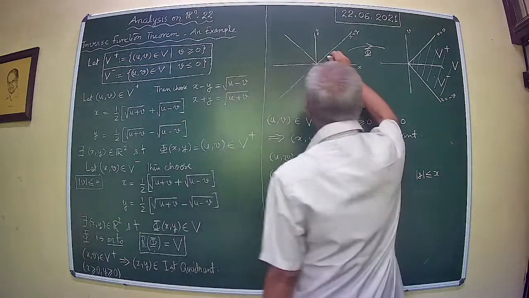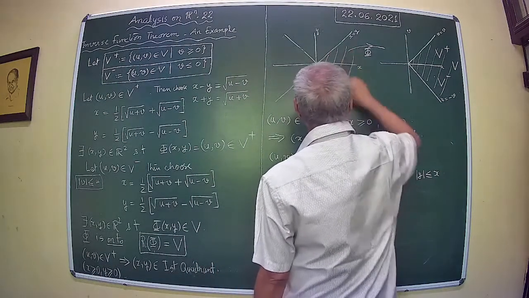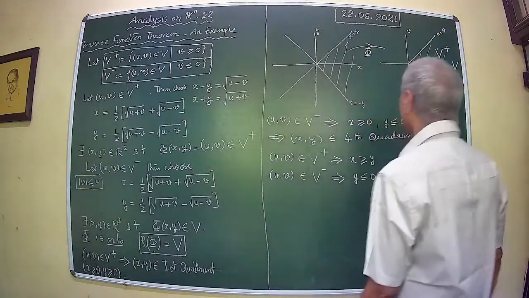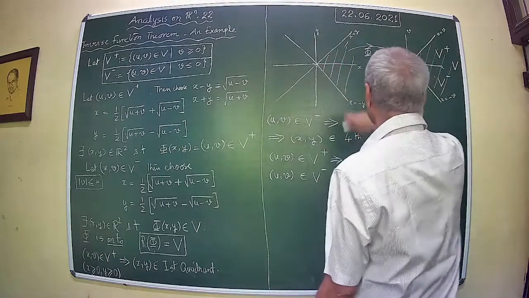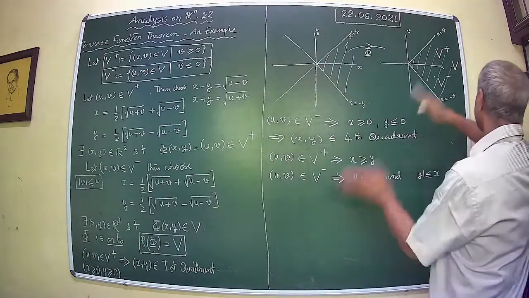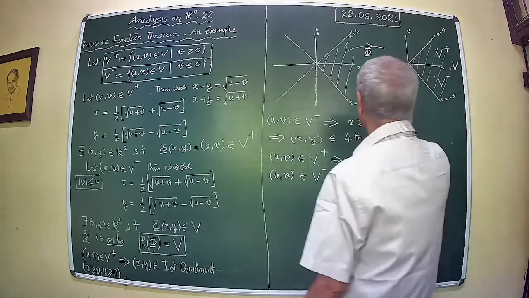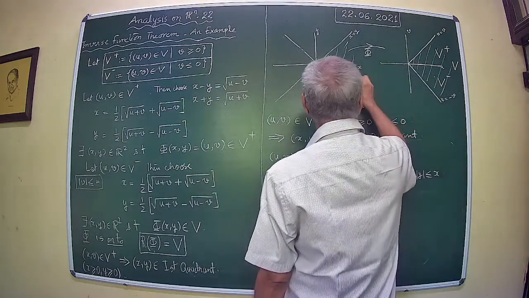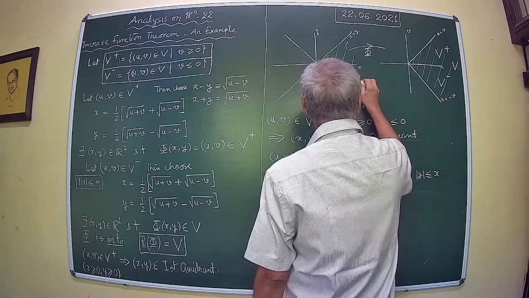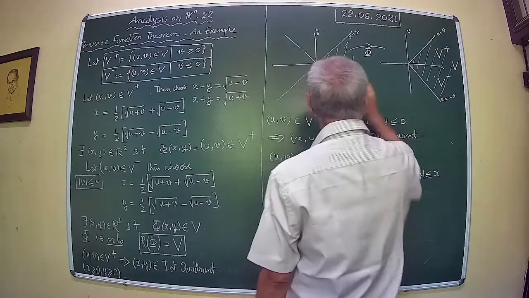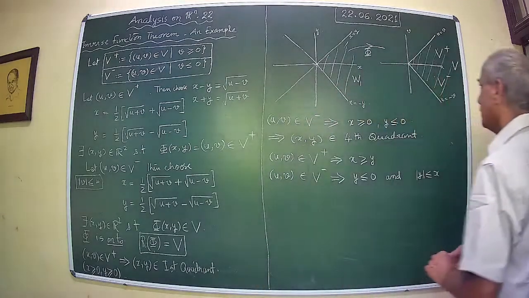Therefore, you see that it is this particular wedge shaped portion which gets mapped into V minus. So let me call this one. Okay.